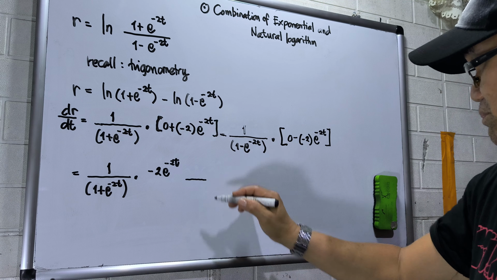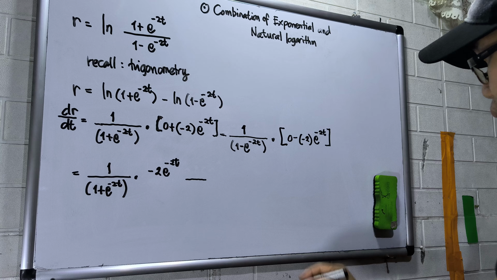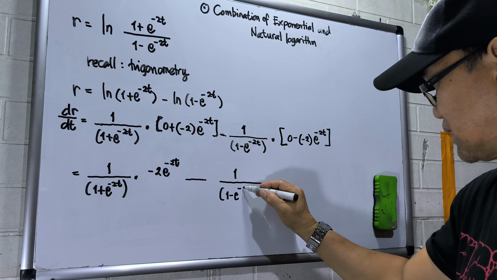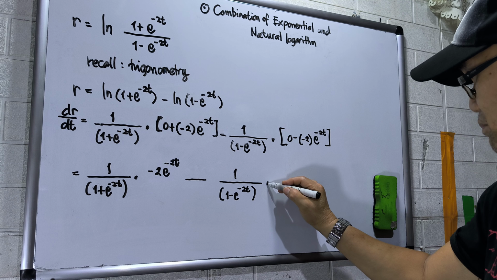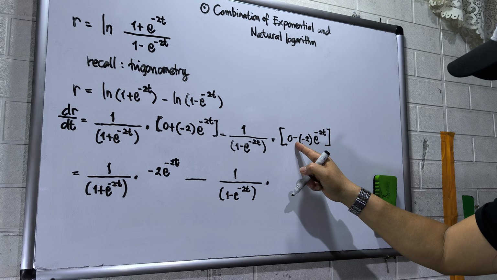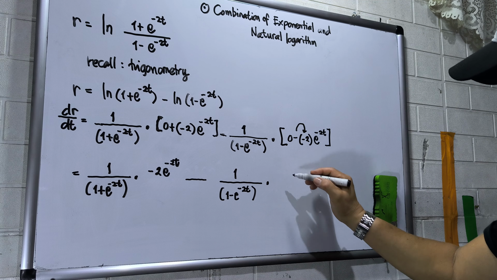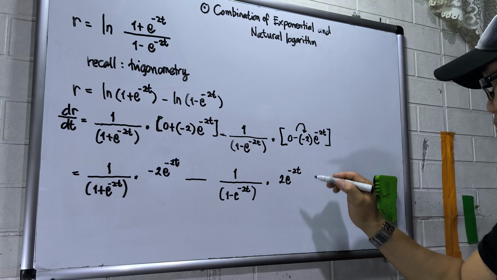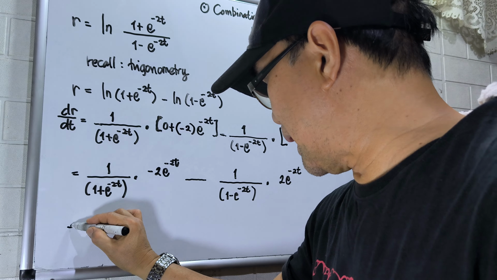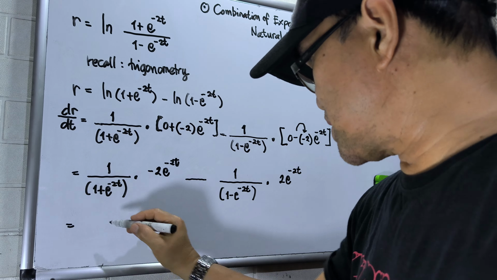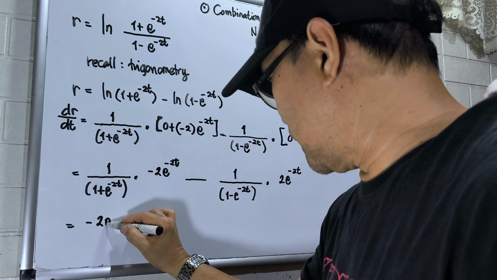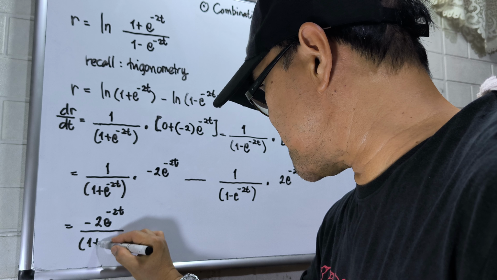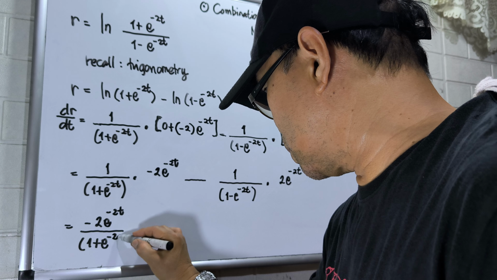Then minus 1 over (1 minus e to the negative 2t), then times 0 plus negative, that will be positive. So this will be positive 2 e to the negative 2t. Multiply by 1 times negative, so this will be negative 2 e to the negative 2t over (1 plus e to the negative 2t).